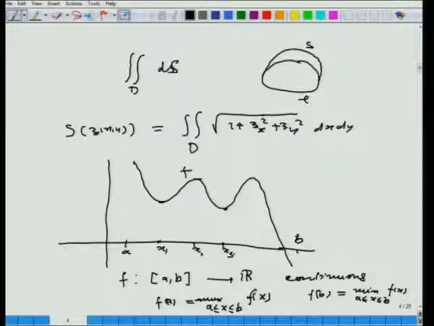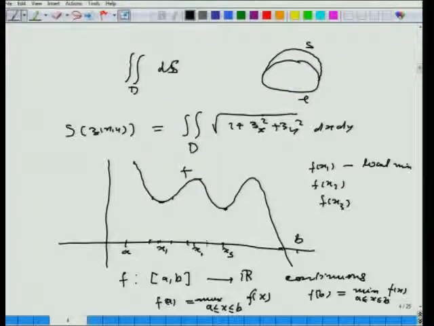So here we have f(x1), f(x2) and f(x3). These are points of local minimum or maximum. For example, this is a local minimum, because in the neighborhood of this point it has the least value.